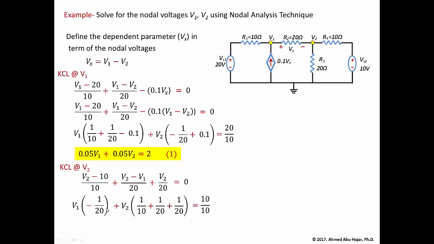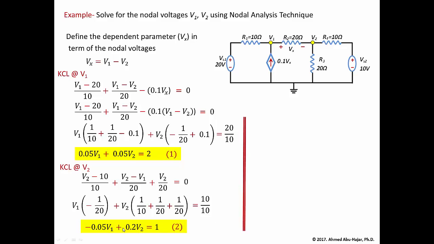Now we're going to make the equation look simpler and cleaner. When I evaluate the negative 1/20, I will have negative 0.05 V1. And for V2, I will have plus 0.2 V2, and the 10/10 equals 1. This is the second equation, which describes the sum of the currents at node V2.